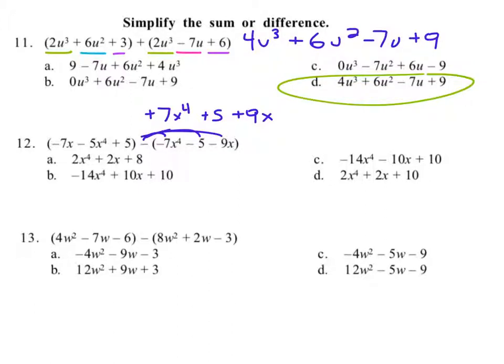So let's underline what kind of terms we have that go together. Well, we've got an x to the fourth term and an x to the fourth term, underlined there in green. We've got an x term, negative 7x, and an x term, positive 9x. Those go together. And we've also got a constant term of positive 5 and another constant term of positive 5.